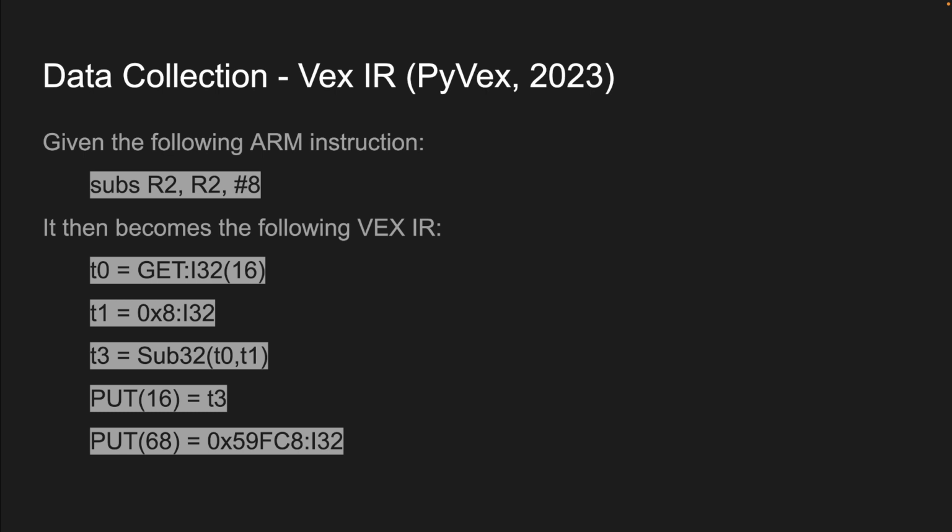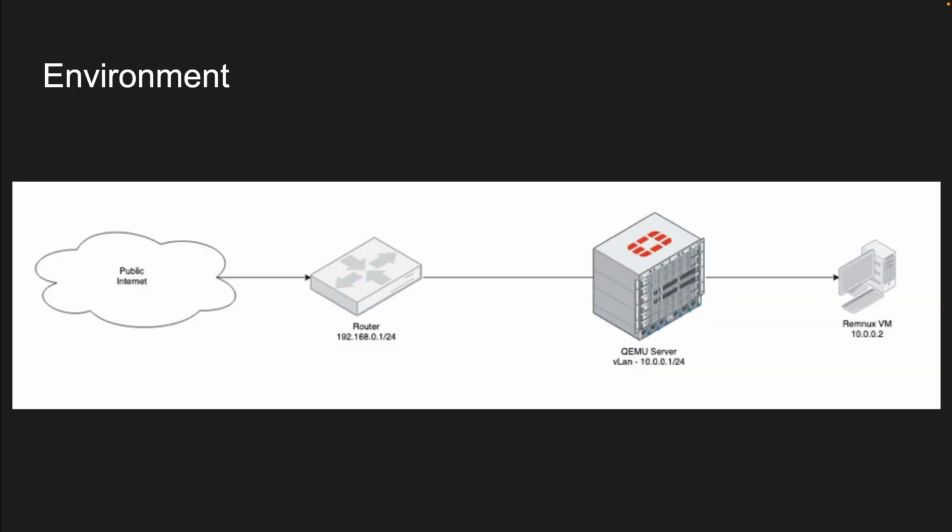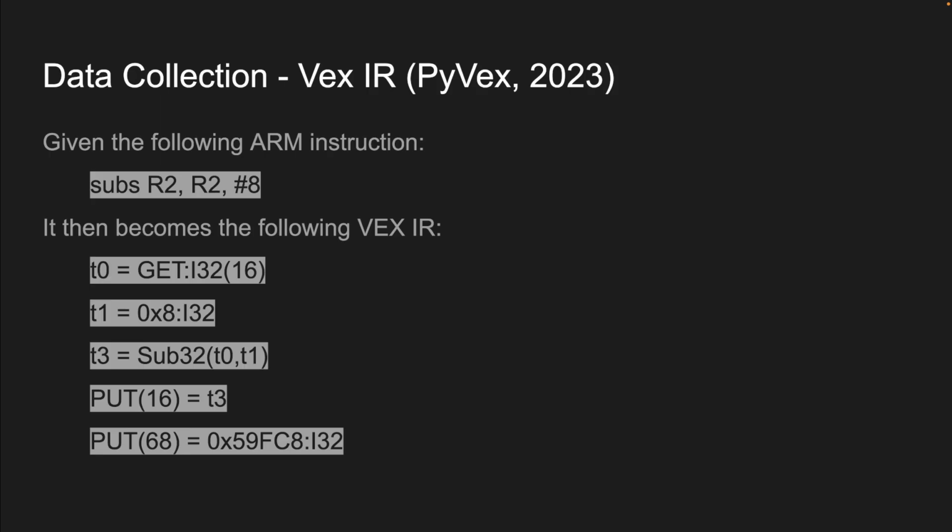Then you have Put(16) = T3, which assigns a value, followed up by another Put(68). And just to recap, that is the data collection for the angr portion, which is one of the two libraries used.